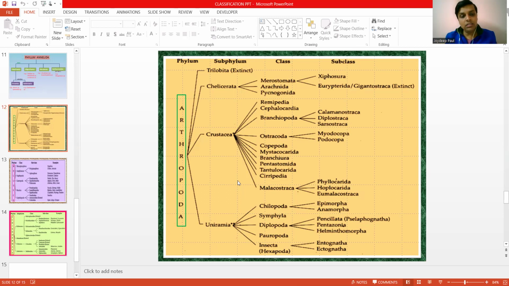This is one of the most important features of this group, that they are highly adaptive, so that they can survive through the evolutionary period, and their numbers are so high because of their tremendous adaptive ability. The word Arthropoda comes from the Greek word arthros, meaning jointed, and podos meaning foot. So all the animals that belong to this phylum have jointed appendages or jointed feet.